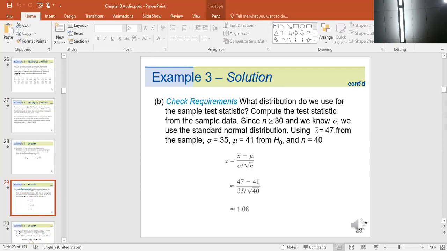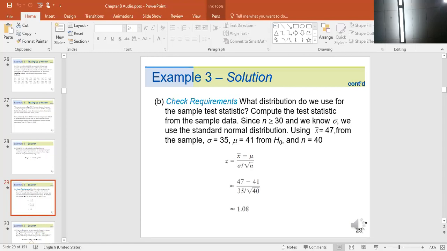H0 is mu is less than or equal to 41, right? To be consistent with H0, our Z value should be on this side. If you go there, there is a change. There is something wrong happening. Not actually wrong, maybe it can even be better, but not the way we have been thinking. Do we understand this? Out of normal, out of regular.